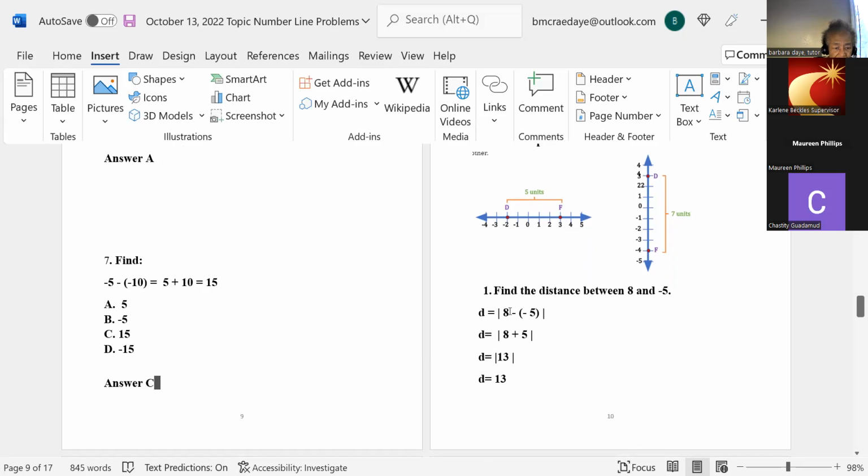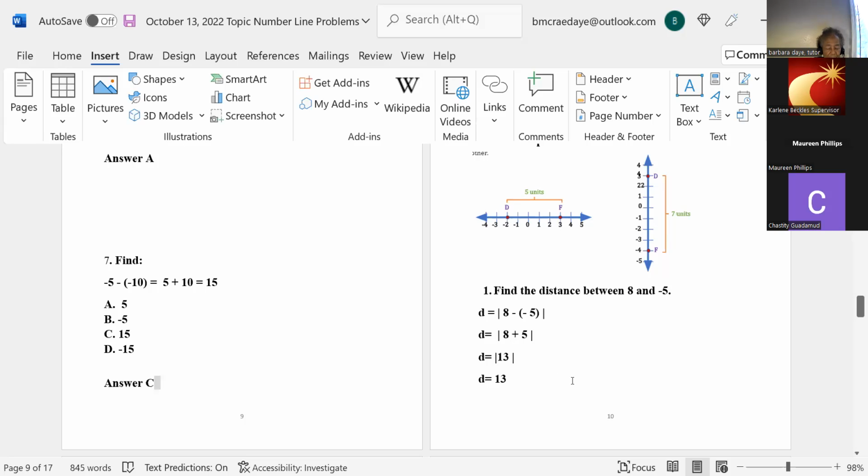So 8 minus a -5 becomes 8 plus 5, and that becomes 13. When we put these vertical lines, that means absolute value. So the distance would just be the number 13. You got it?